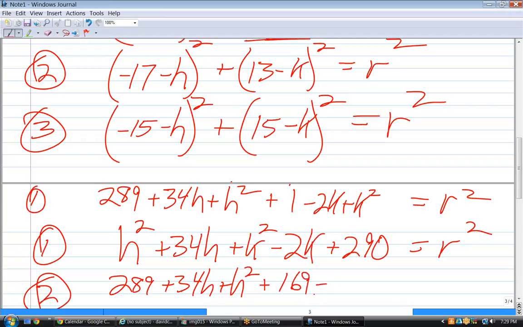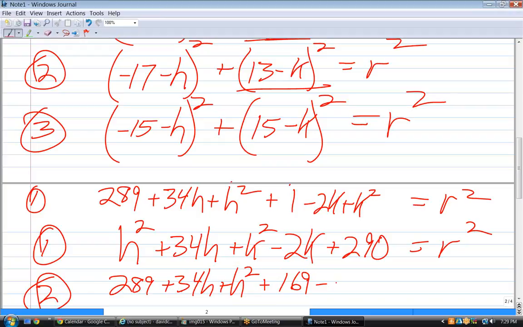What's the next term? I'm expanding 13 minus k squared. First term is 169, 13 squared.